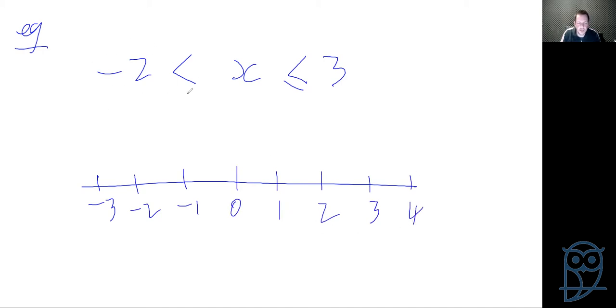So at -2, I don't have an equal to, which means it's going to be an open dot. And on this side, I have an equal to, which means it's going to be a closed dot. And I want everything in between those two values, so there is a straight line between them. Importantly, there are no arrows here because we're not going on to infinity anywhere. We are limited within these bounds.